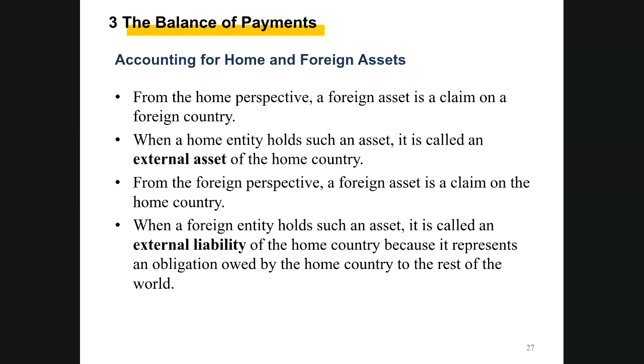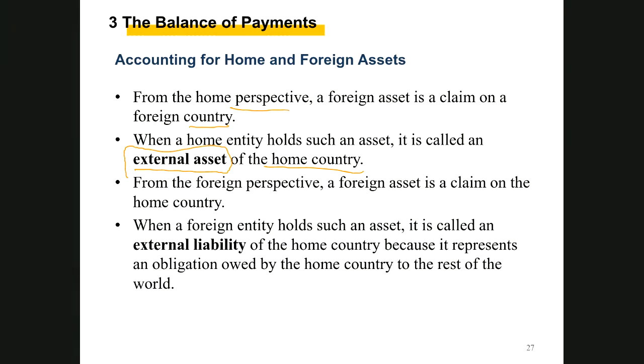Okay. So let's take a deeper look at the financial asset. From the home perspective, a foreign asset is a claim on a foreign country. When a home entity holds such an asset, it is called an external asset of the home country.